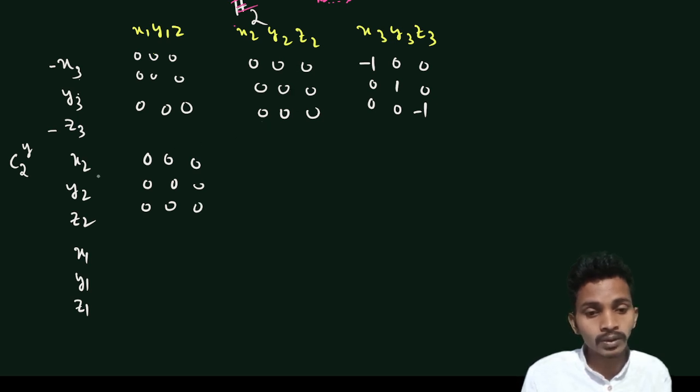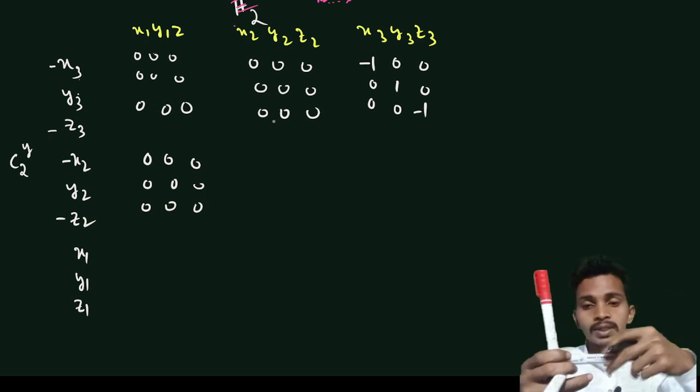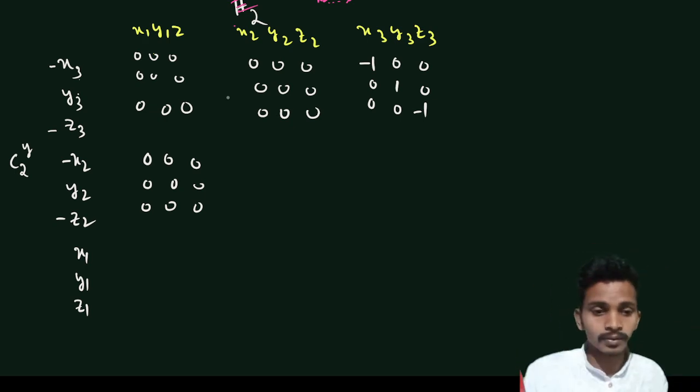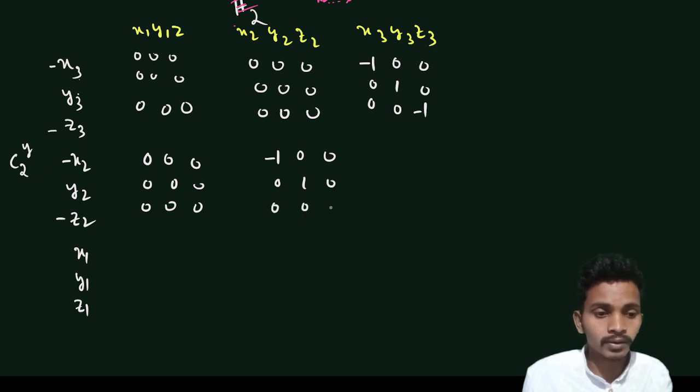x2 y2 z2 is there, yes, and it is the same case: this x3 becomes negative and this also negative, y is not negative. Okay, why? Because this remains as it is, only these two are changing. Okay, 180 degree rotation, so this is -1 0 0 0 1 0 0 0 -1.